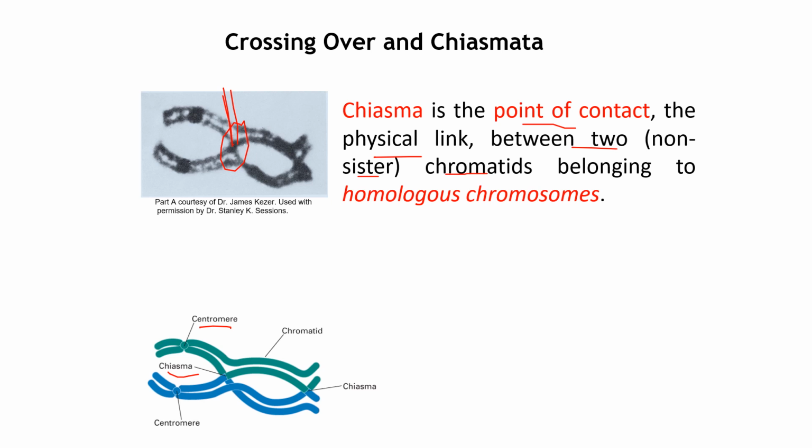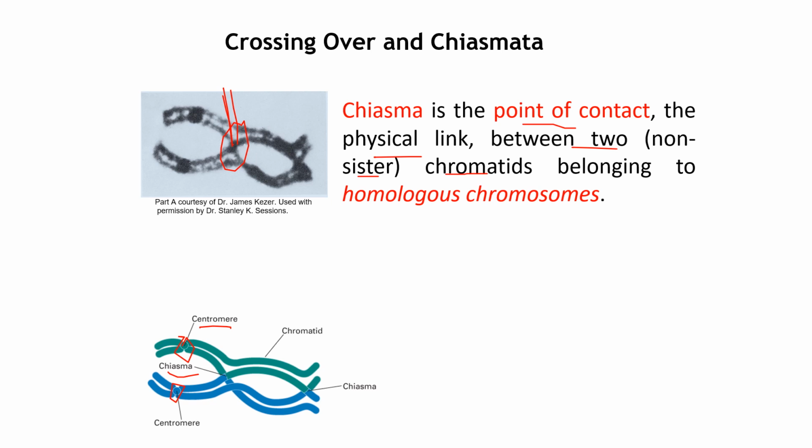Okay, so remember, centrosome is the one that produces the spindle. Centromere is this structure that has a lot of DNA repeats that allow the microtubules to pull from there.